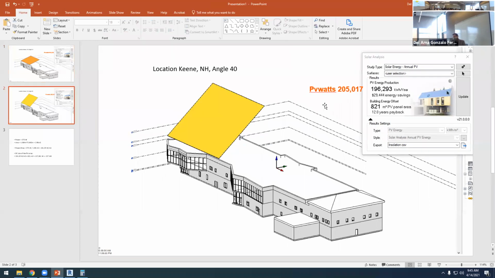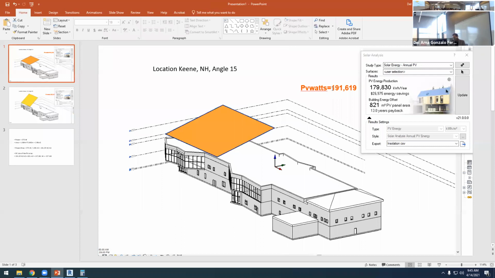Well, it makes sense. This number is higher than this one, which makes sense. And yeah, with PV watts, we have been optimistic. So I would select the lowest value to be on the safe side. So I have to keep in mind, maybe, between 179 and 191.